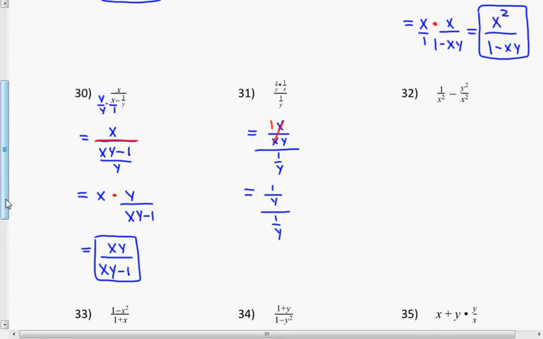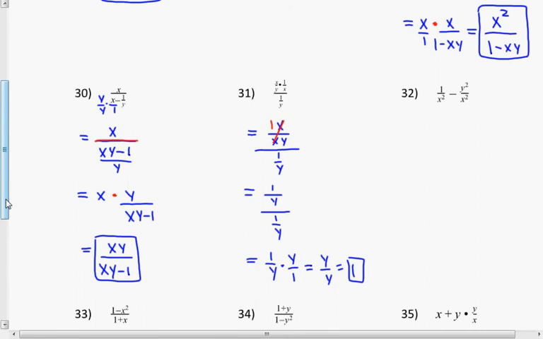Well, immediately anything divided by itself is 1, but if you don't recognize that, you might rewrite this as 1 over y times y over 1, which is y over y, which is 1. Any way you go about it.